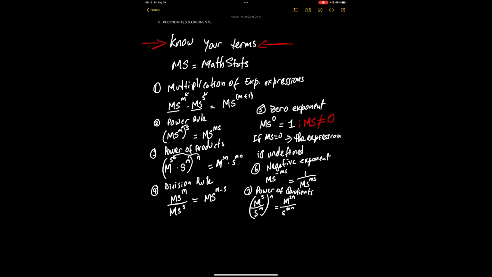I wrote them right here so you can know them. In the next video, we're going to do some exercises to show you how it works. This is just a know-your-terms part, so you get familiar with how it's going to look in the future.